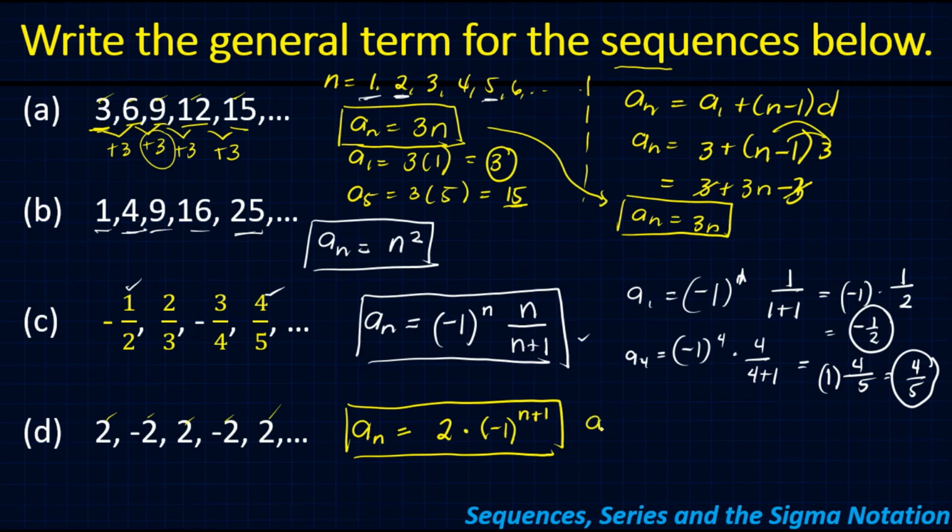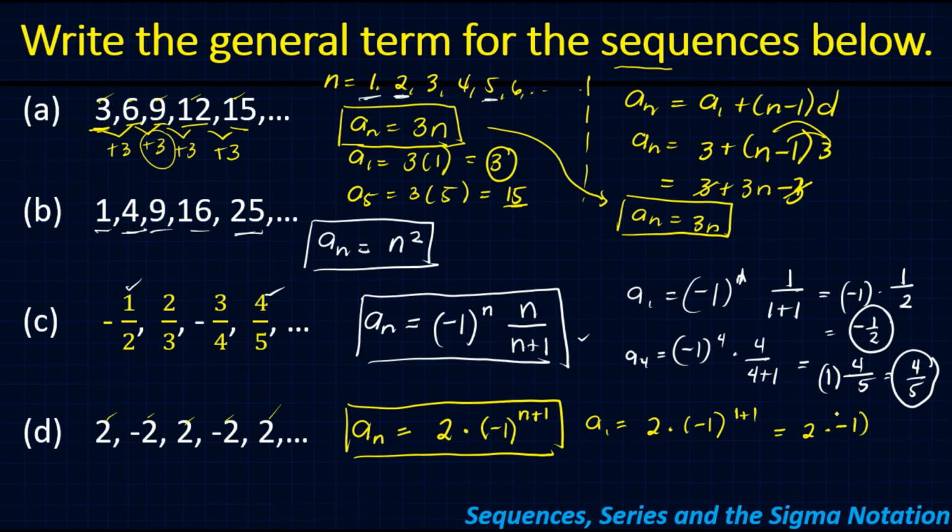If we have a sub 1 is equal to 2, we will have 2 times negative 1 raised to, ang n natin is 1 since we are having the first term, so 1 plus 1. Simplifying this, so we have 2 times, okay, 1 plus 1, that is 2.